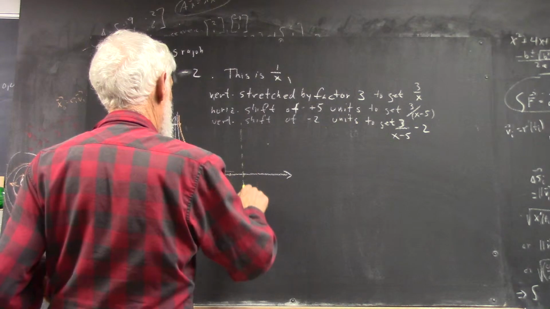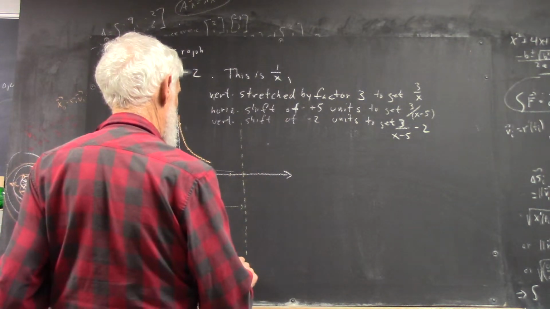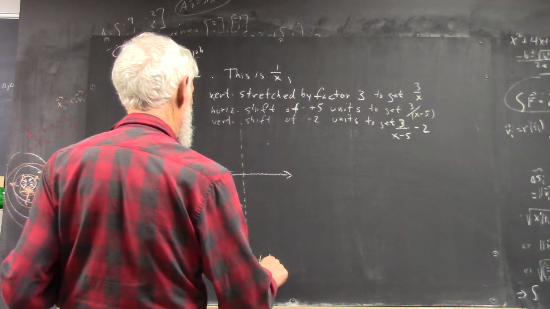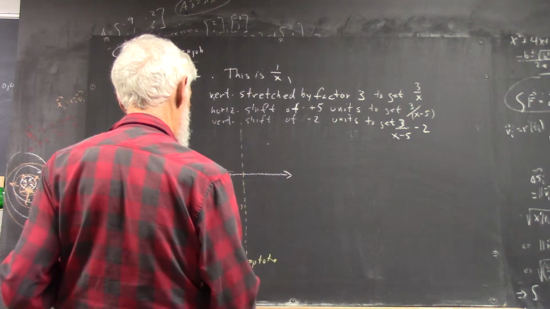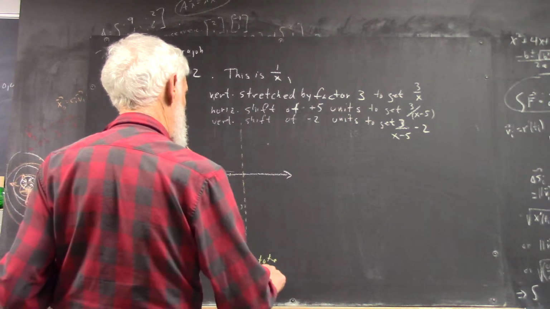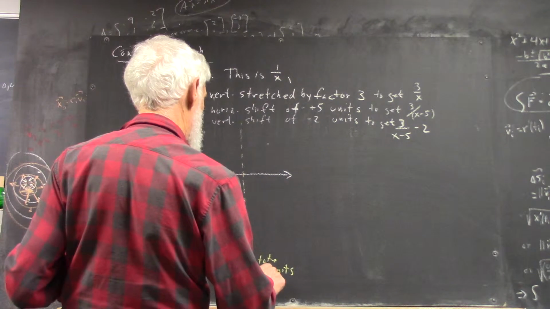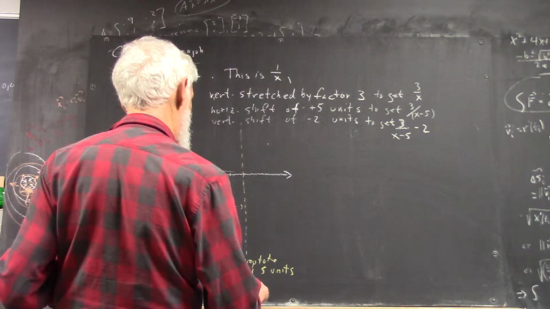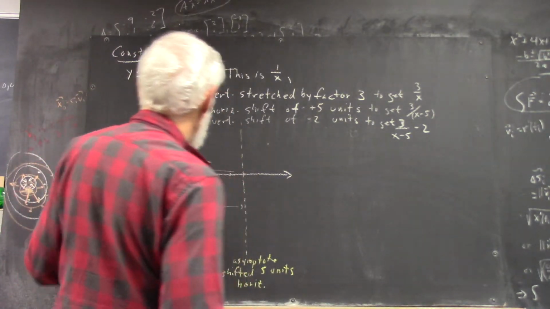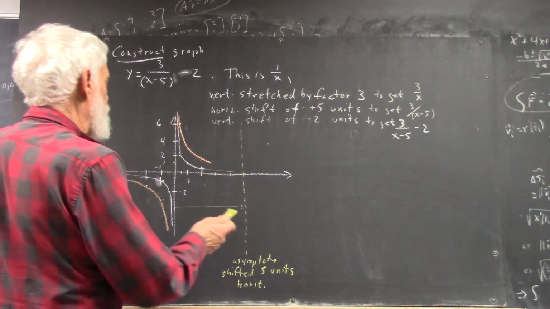And I'm going to just sketch a dotted line here, and say the asymptote shifted 5 units in the horizontal direction. It's going to help me locate the graph and locate the asymptote a little better.